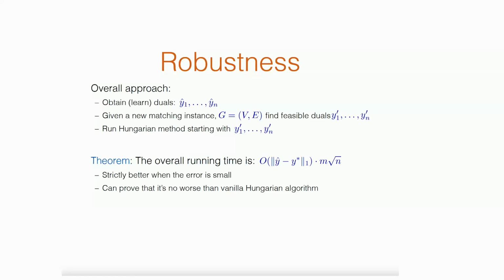So you have to cut it back to a feasible solution that you can start from. But then you get something that is faster because you're starting from a better starting point. This seems like a useful paradigm for how you might use learning in a different way to help improve various algorithms.